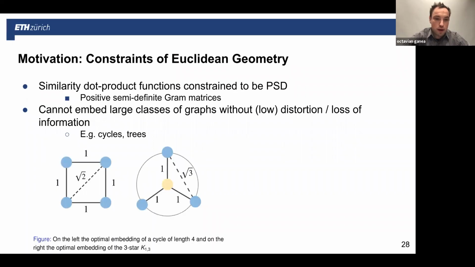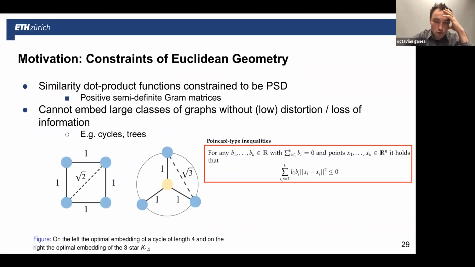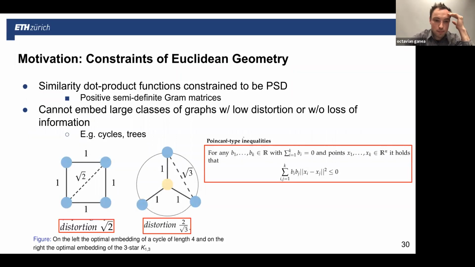You see here very simple graphs which represent a cycle on the left, and on the right a very simple tree. Using this type of Poincaré type inequalities, one can prove that these graphs cannot be embedded in Euclidean spaces of any dimension with distortion less than square root of 2 and, respectively, 2 over square root of 3.